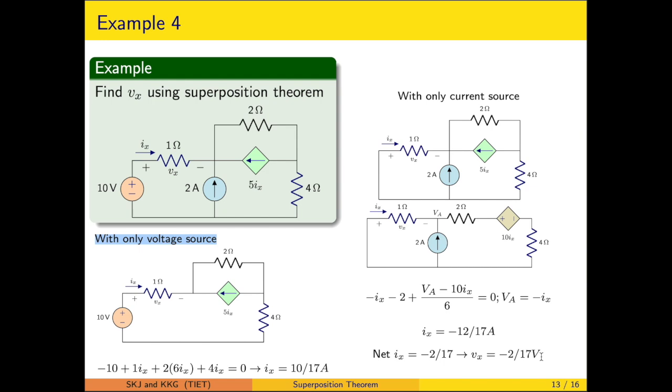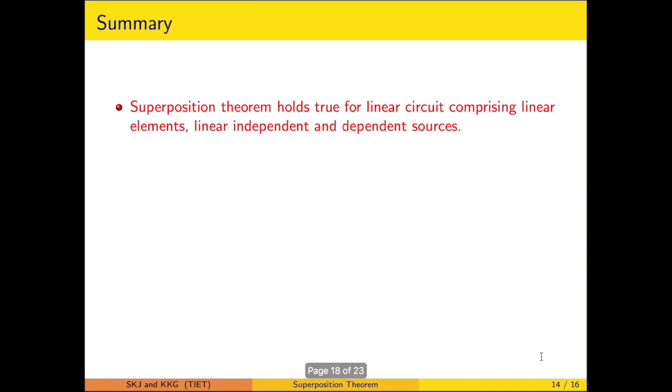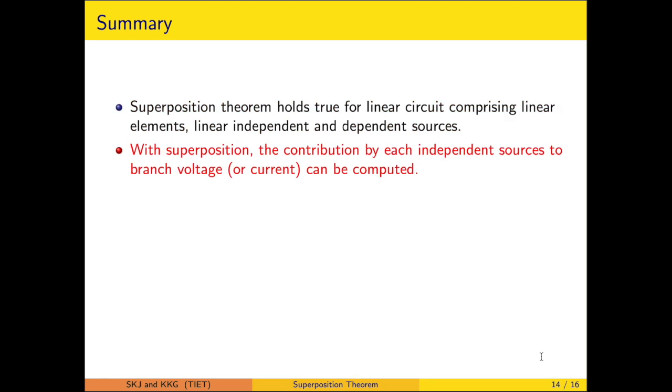Now at the end we have to summarize that this superposition theorem holds true only for the linear circuits, and the linear circuit must consist of linear circuit elements, linear independent and linear dependent sources. Because of the superposition, we can find out the contribution of each independent source to the branch voltage or current.